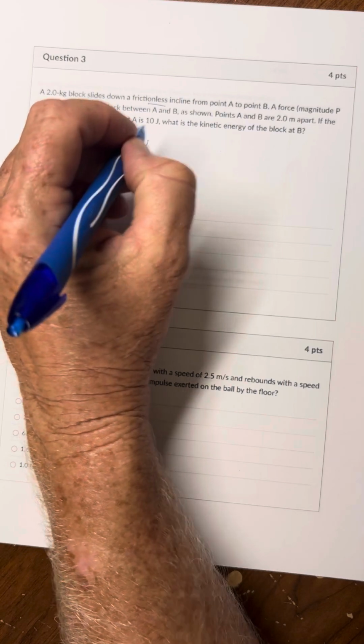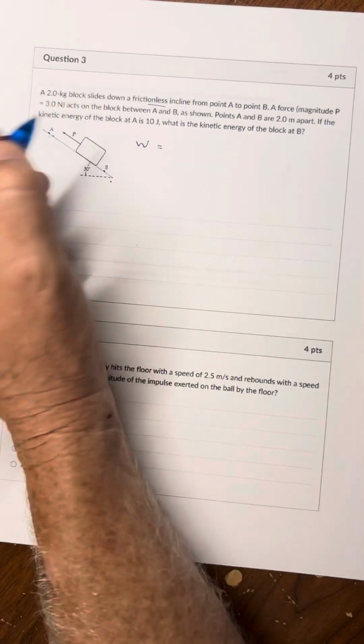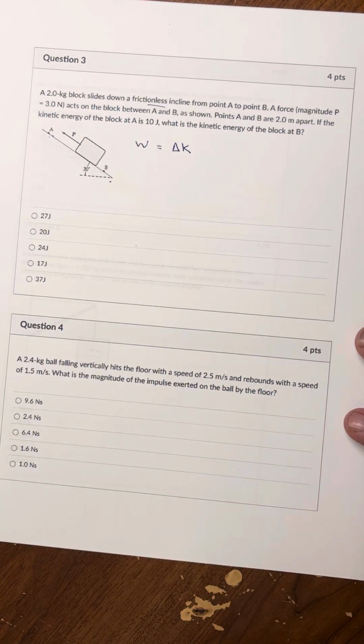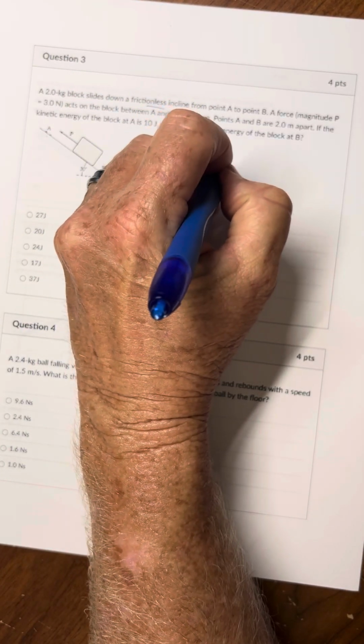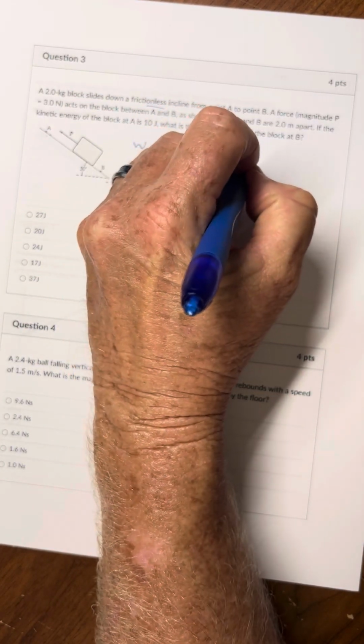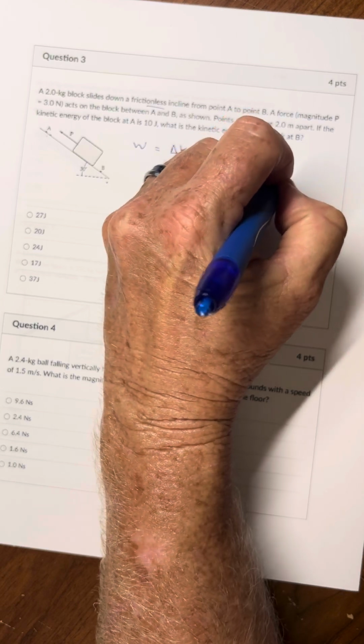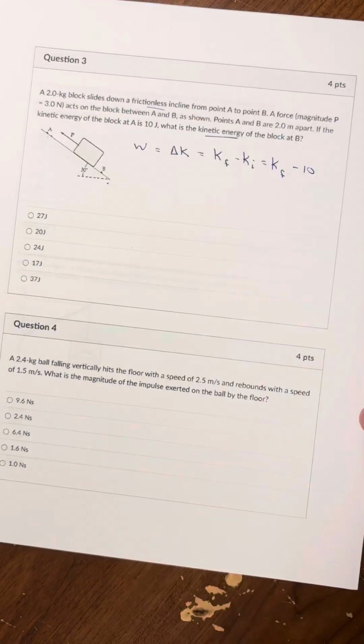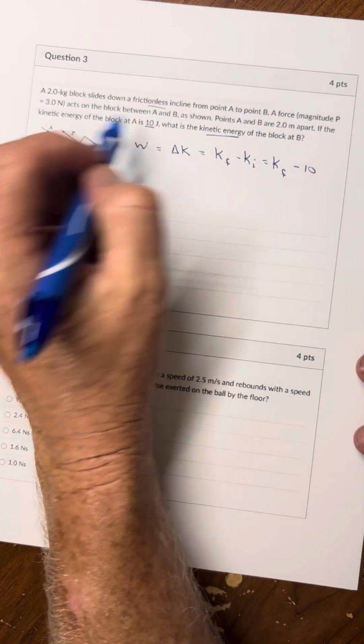This is the idea that the work energy theorem says the work you do is equal to the change in kinetic energy. So maybe I'll deal with that first. Final minus initial. So we are after this final. What is the final kinetic energy? And the initial is 10 joules.